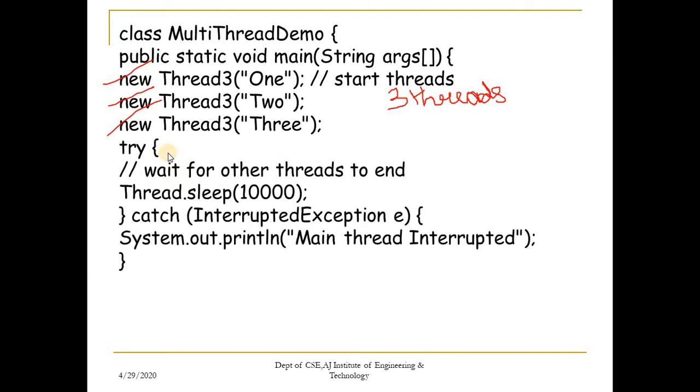And finally the main method will continue with its execution. The main method does nothing over here. It will just sleep for 10,000 milliseconds, that is, it will just wait for the child threads to complete their execution. Once the child threads complete their execution, the main thread will exit.